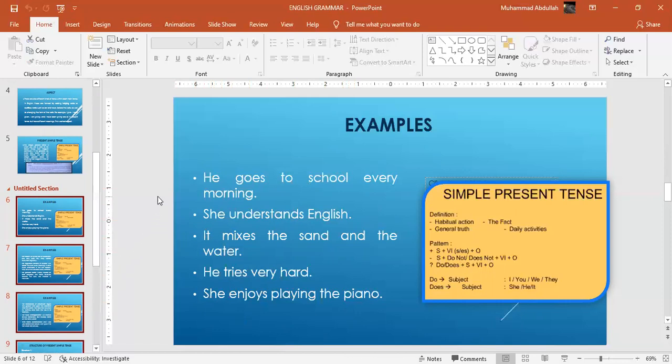all these sentences have subject and verb. Some of them have subject, verb, and object as well, but some don't have. So let's see the pattern or the structure on which these sentences are formed.